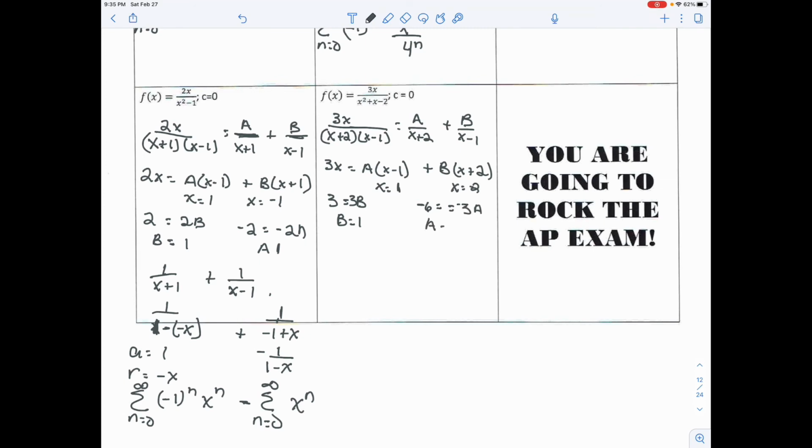So A is equal to 2. So we get 2 over 2 plus x plus negative 1 over 1 minus x.